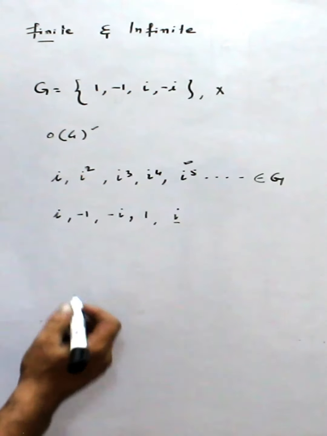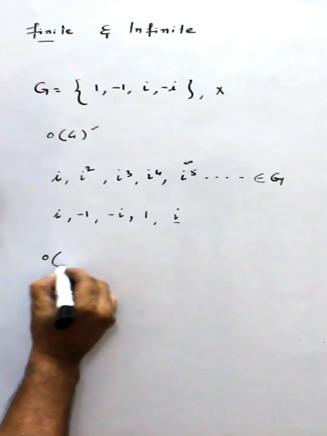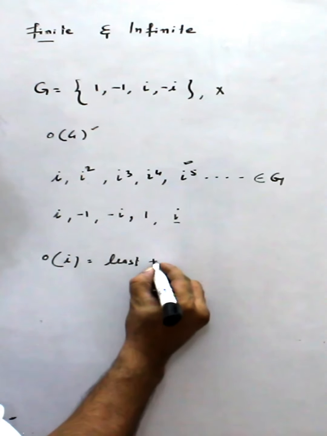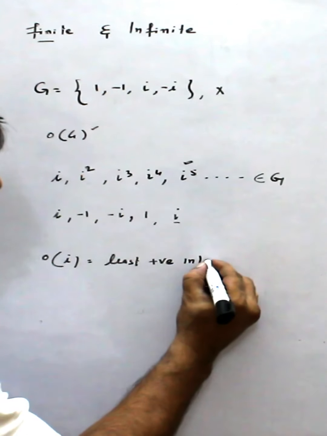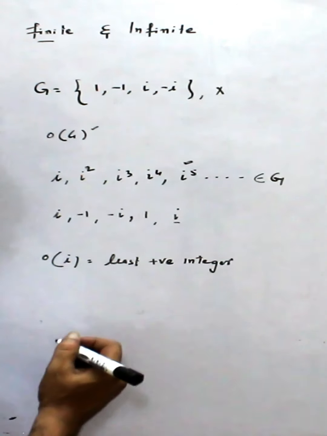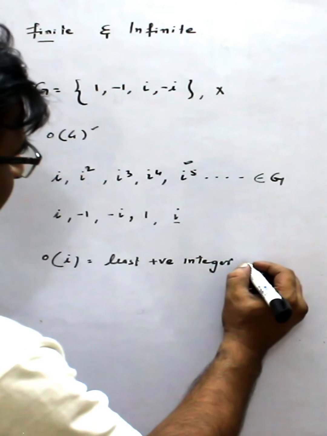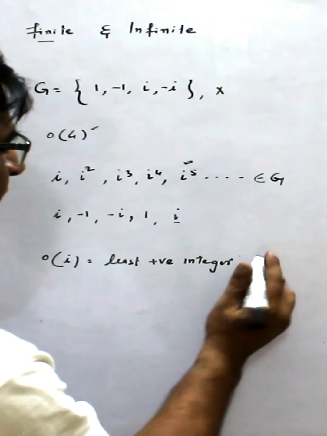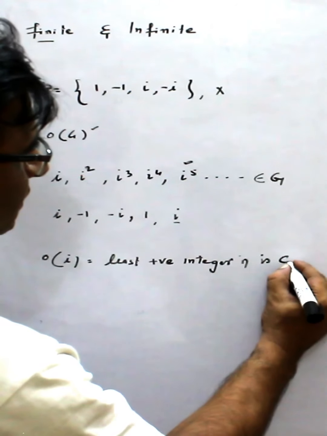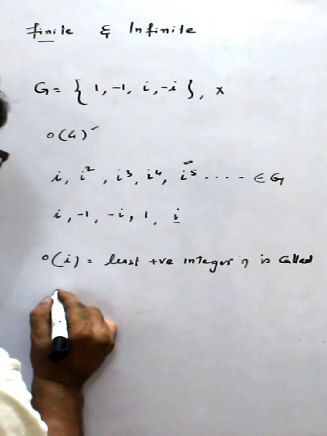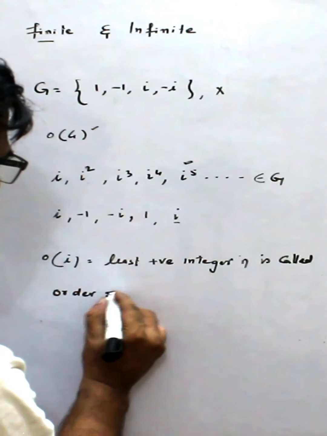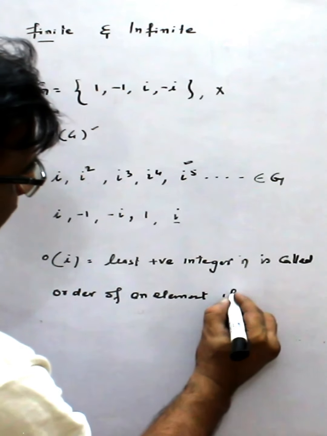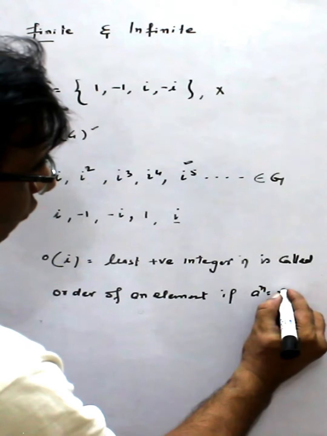From here we get an idea of order of an element. The order of I is the least positive integer n, called the order of an element, if a to the n is equal to identity.